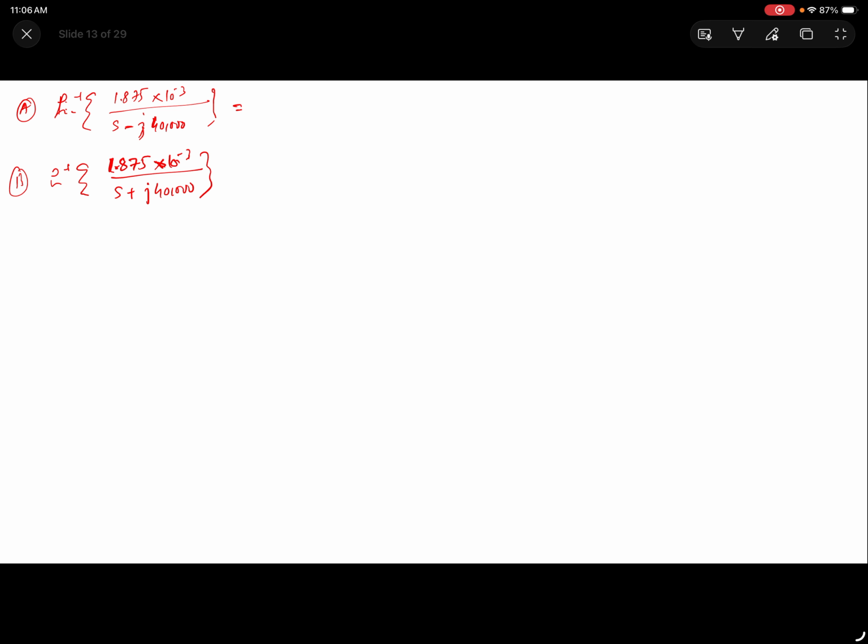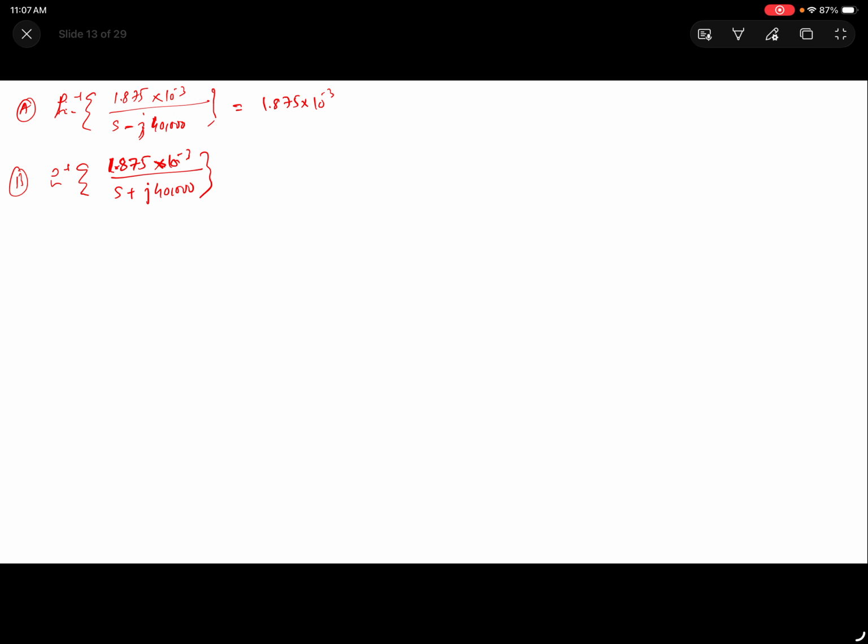We have done this inverse Laplace transform so many times. The constant comes out as 1.875 times 10 to the minus 3, and 1 over S plus a is e raised to power minus a t times the step function. Since you have a minus here, we're going to get a plus there.